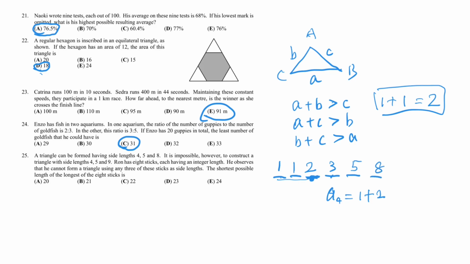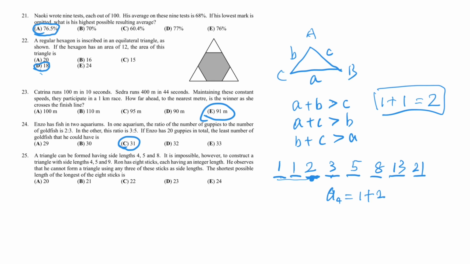Next, 8. Next, 5 plus 8, 13. And 8 plus 13, that's 21. So 1, 2, 3, 4, 5, 6, 7, 8.